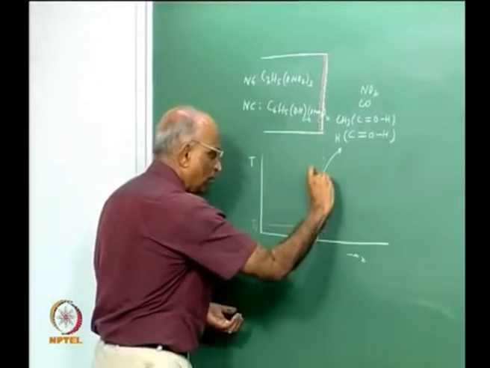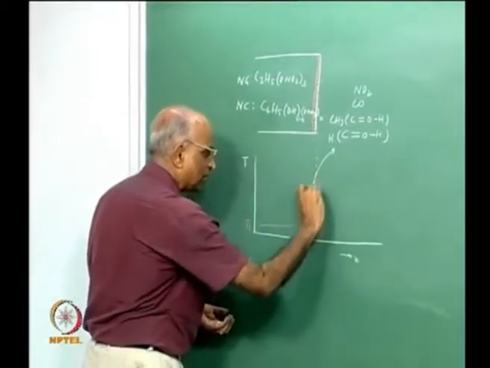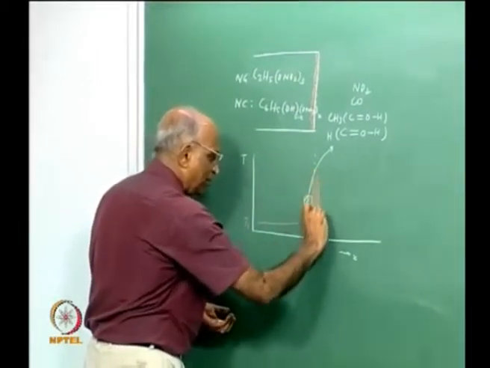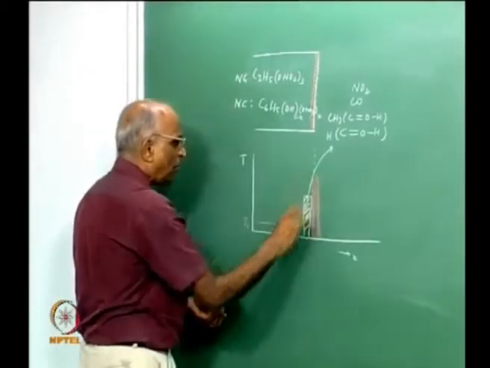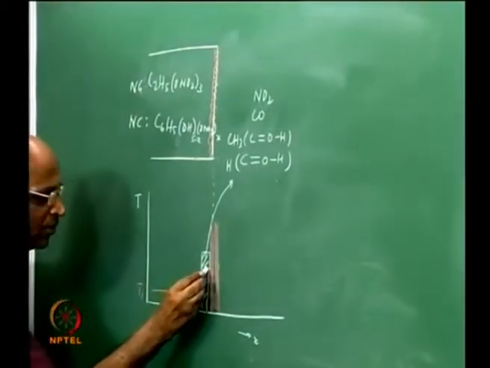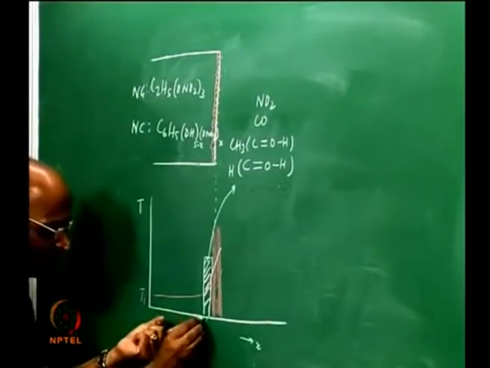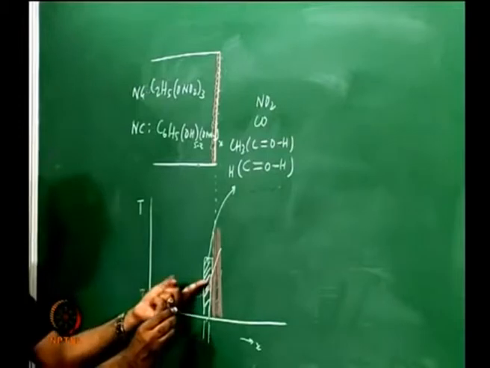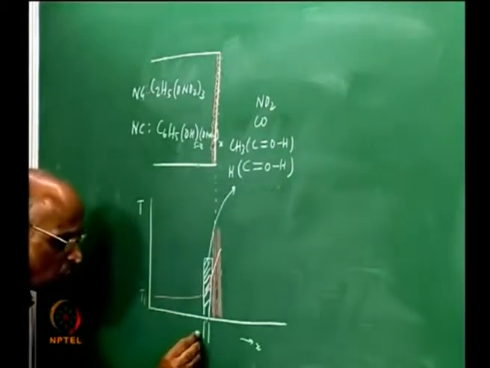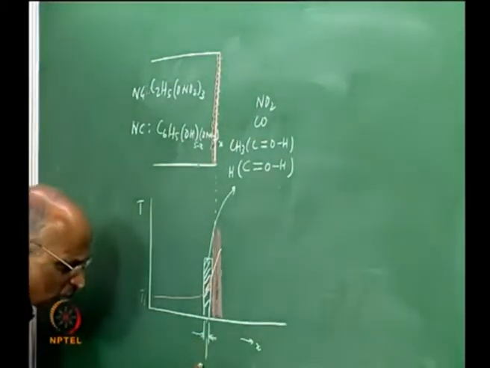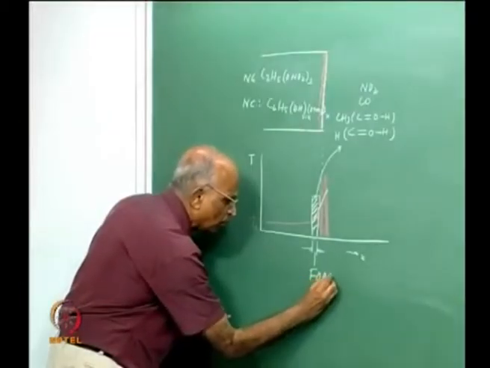That means I have a zone adjacent to the surface which is now at temperature Ts, which forms hot gases, and the temperature continues to increase in this particular zone. Adjacent to this zone of propellant which is getting heated, which foams and forms hot gases, this zone is known as the foam zone.